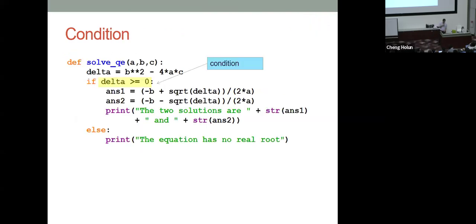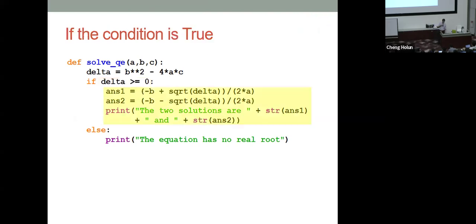Let's see how Python did it. So if you refer back to that example just now, let's say I want to solve the quadratic equation, I can do the following. After I computed delta, I will see here. This is the things I'm going to do when delta is larger than 0, which is our previous program, which proceeds to compute the square root, print the answers, and so on.